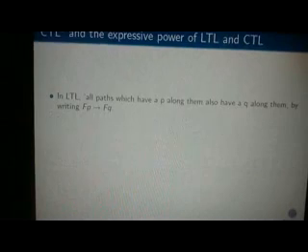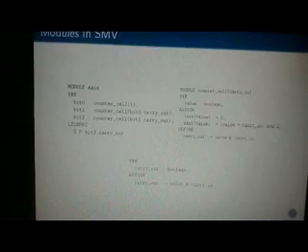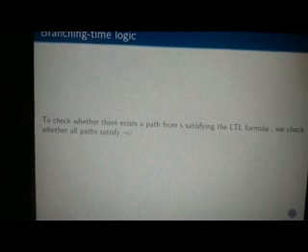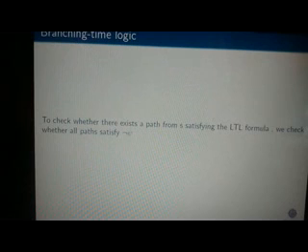So the next topic is branching time logic. In branching time logic, the LTL formulas are evaluated on paths. We define that a state of a system satisfies an LTL formula if all paths from the given state satisfy it.